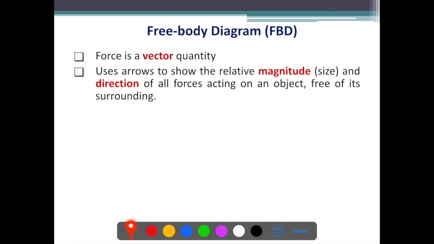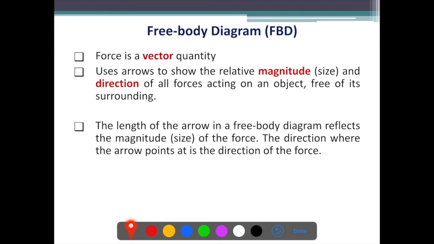The size or the length of the arrow tells us the magnitude or size of the vector, the force, and the direction for which the arrow is pointing at tells us the direction of the force acting on the object. By drawing all the forces acting on the object, we are able then to draw what we call a free body diagram. Okay, so a free body diagram is essentially a set of vectors, force vectors, that represent all the forces that are acting on the object.